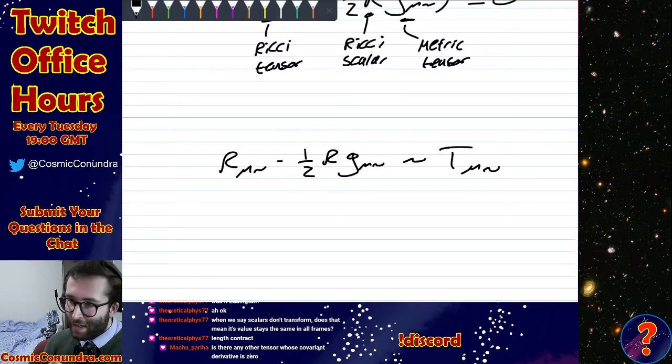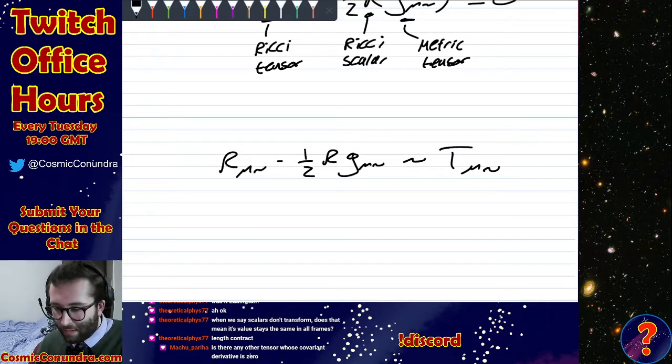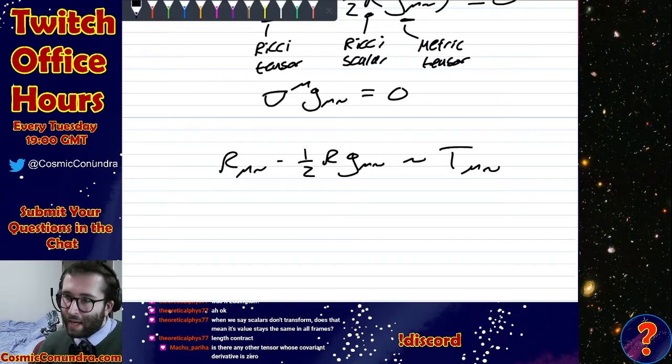But as far as I know, there isn't one. Other than, a lot of the time you can say that the covariant derivative of the metric is 0. That's a choice most of the time you're free to make. But in terms of a curvature tensor, not that I know of. Not as far as I know, though.